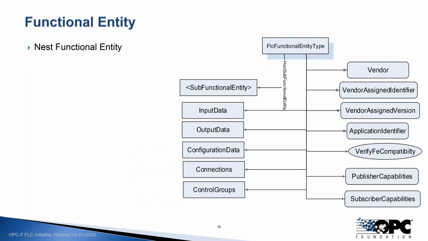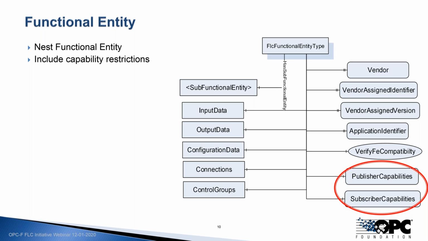So let's look at the functional entity. Of course, we've already talked about the fact that there can be sub-functional entities that can be nested. A functional entity can also adjust the capabilities that were displayed in the automation component. Maybe the automation component says that my device can run from microseconds through seconds for data, and it can support a wide range of QoS functionality.